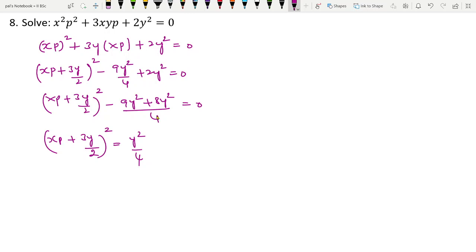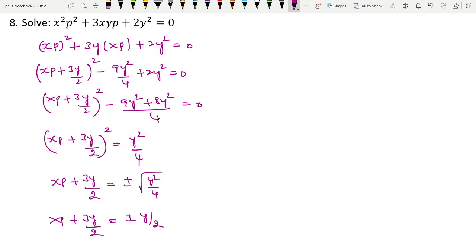Now if you remove this square, xp plus 3y by 2 is equal to plus or minus square root of y square divided by 4. So xp plus 3y divided by 2 is equal to plus or minus y divided by 2.